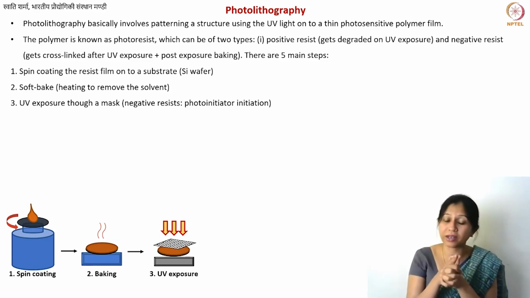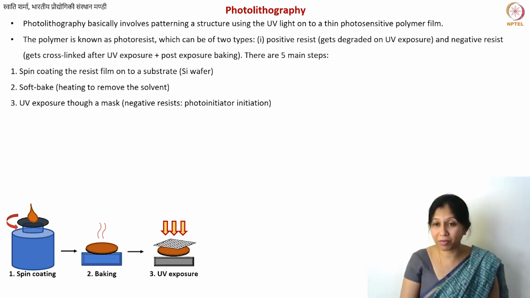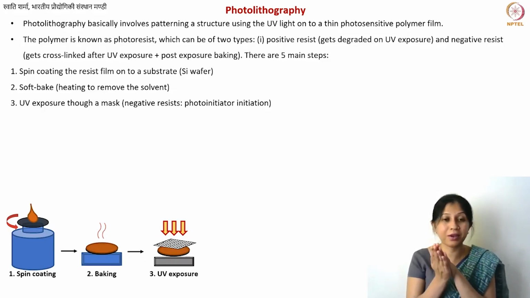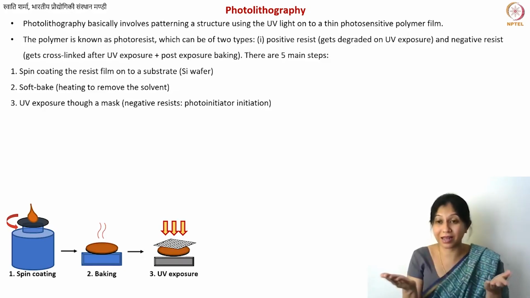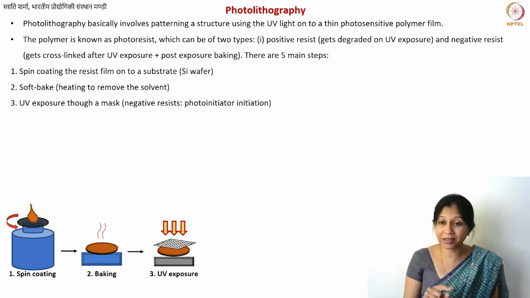This is also one reason why we did the baking before. Because otherwise, if you attach the mask and your material still has some solvent and is soft, what will happen? It will damage your mask. And these masks are reasonably expensive, especially as the feature size goes down. The smaller the feature, the more expensive your mask is.